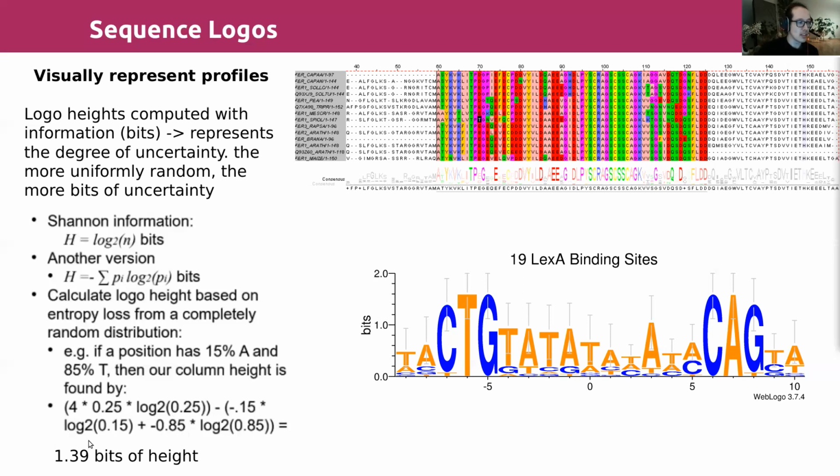You compute this and you get 1.39 bits of height. That would be somewhere around here, maybe similar to this T here. That is, we're fairly certain about the presence of a T.